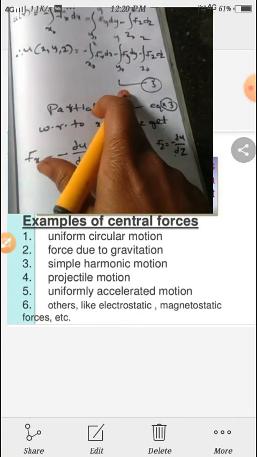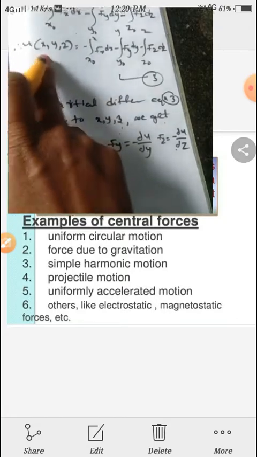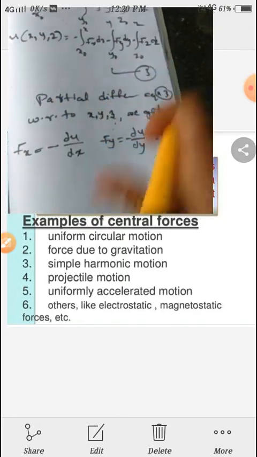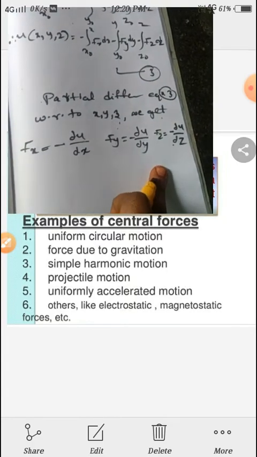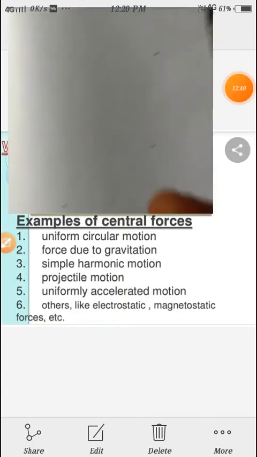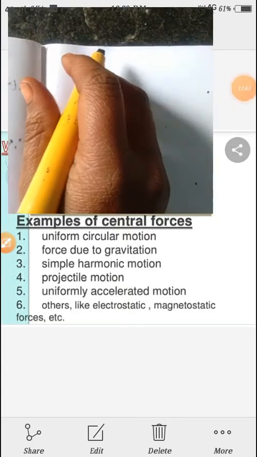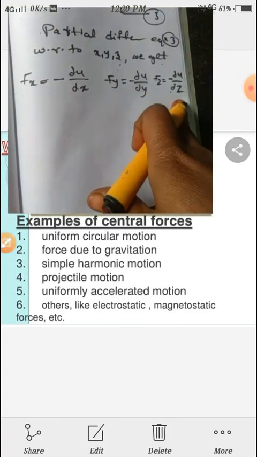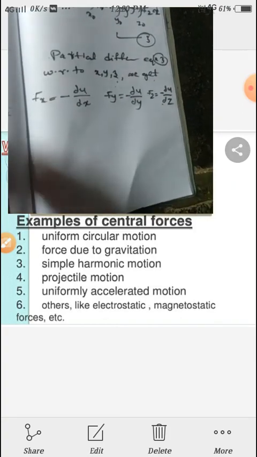So partially differentiating equation 3 along x, y, z, we get dou U by dou x, dou U by dou y, dou U by dou z. Next put these values of Fx, Fy, Fz.